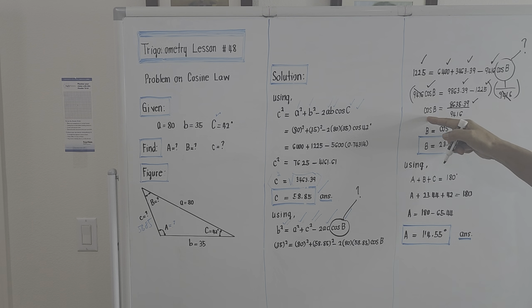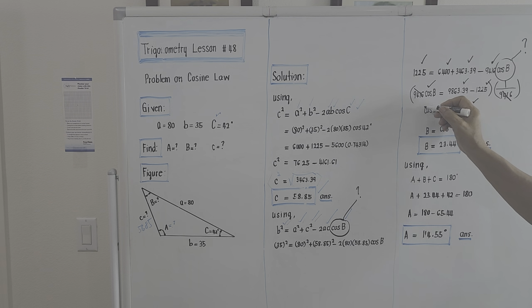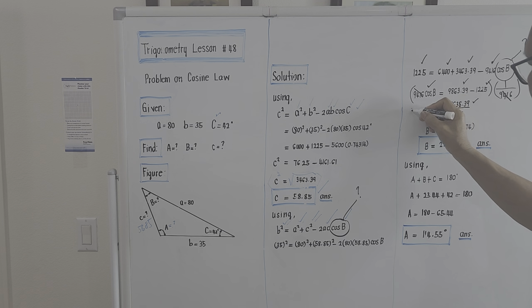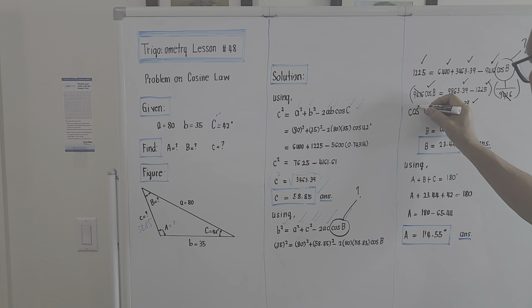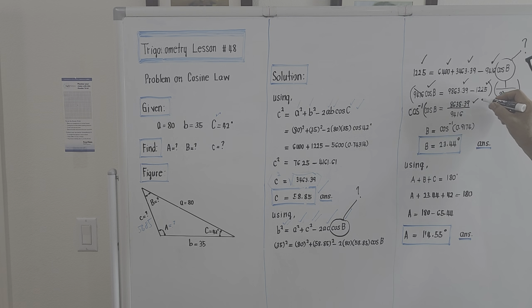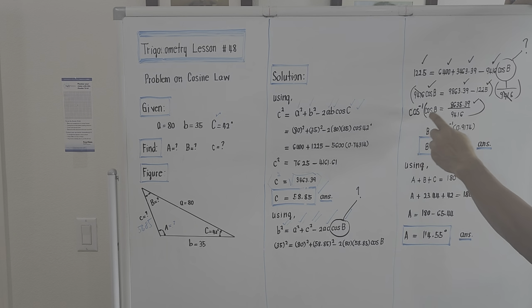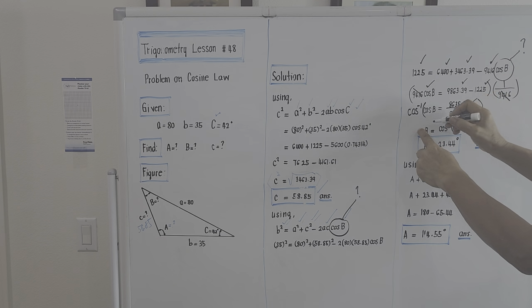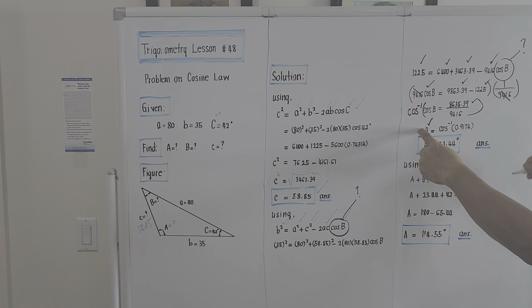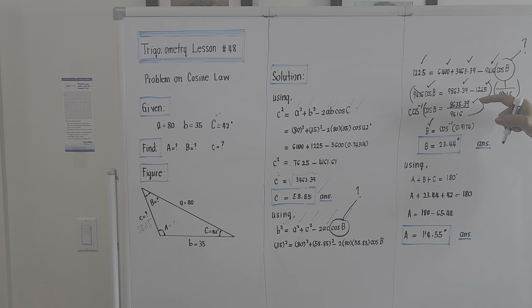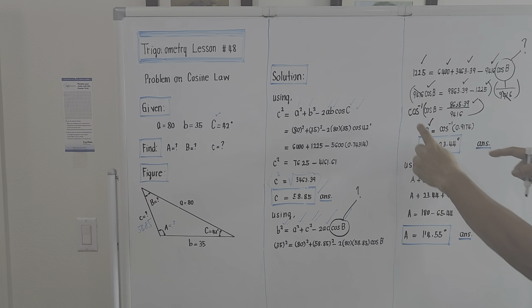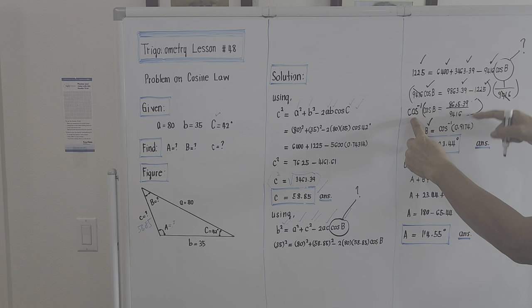That's cosine of B. So to compute for B without the cosine function, we'll take the arc cosine of both sides, cosine to the minus 1 of both sides. The arc cosine of cosine B will be B. And the arc cosine of the right hand side will be the arc cosine of this ratio, which is 0.9174.